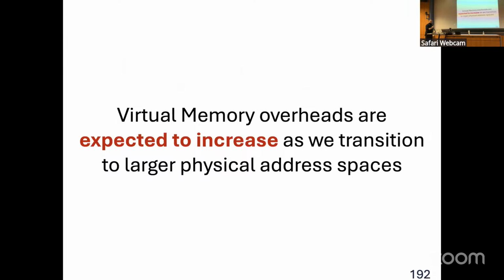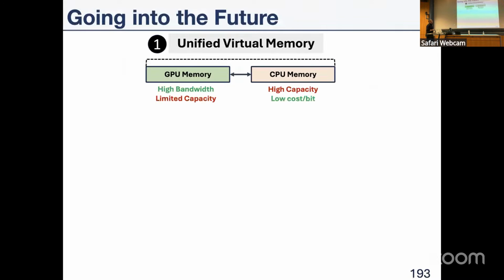The virtual memory overheads are also expected to increase as we transition to very large physical address spaces. In the future, and basically right now, GPUs and CPUs cooperate with each other using a unified virtual memory, which means my GPU program can access CPU memory, and the GPU or CPU program is exposed to a very big physical memory.